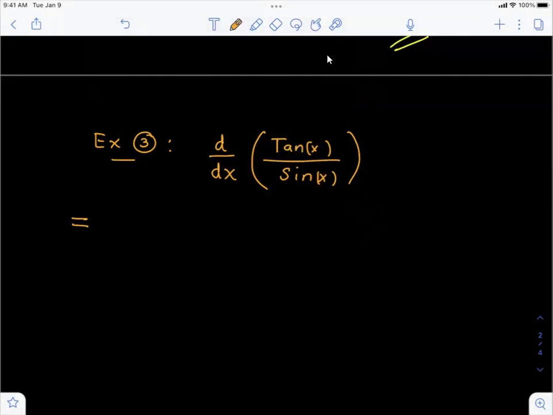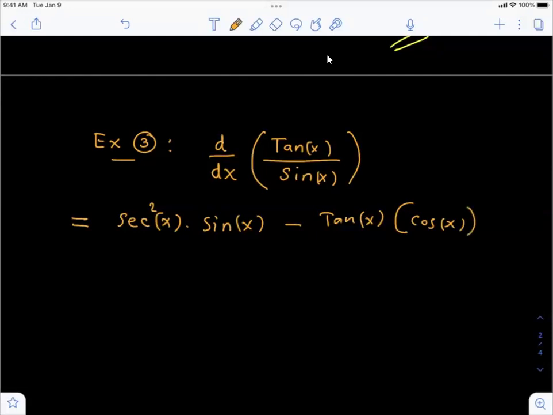First of all, the derivative of the top, secant squared x, times the original second function sine x, minus the original top, tan x, times the derivative of the second function, which is cosine x. The whole thing is divided by the square of sine x, and that is our answer.